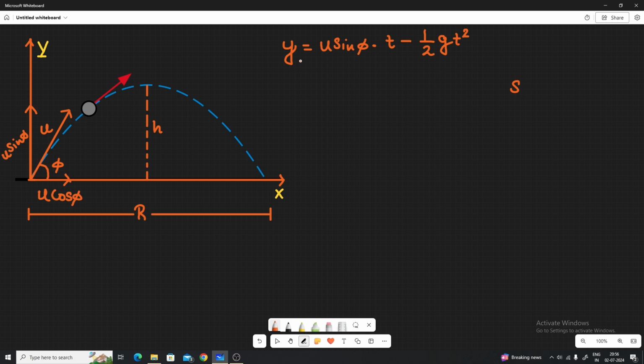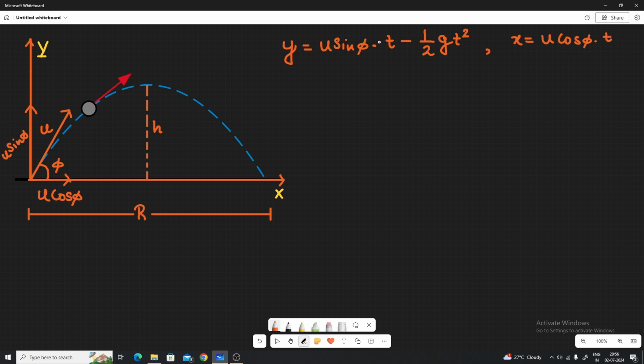Okay, now what will be the displacement in the x direction? The displacement in the x direction will be simple, that x will be u cos phi into t.